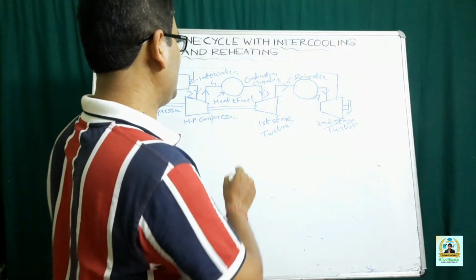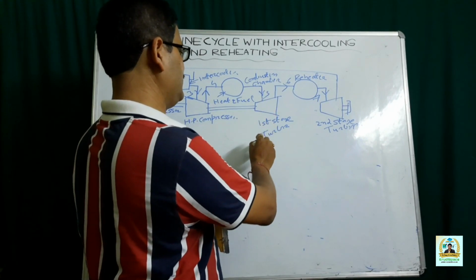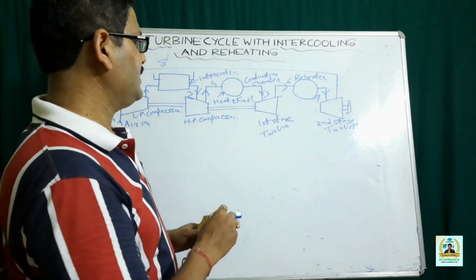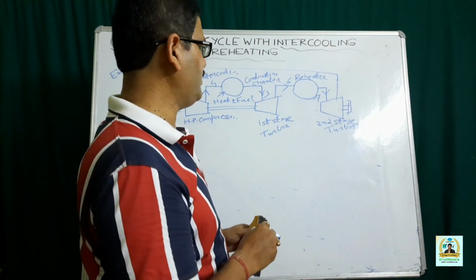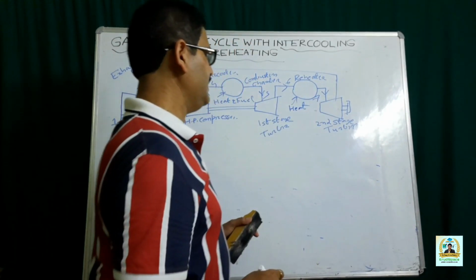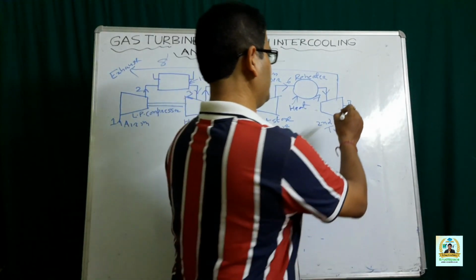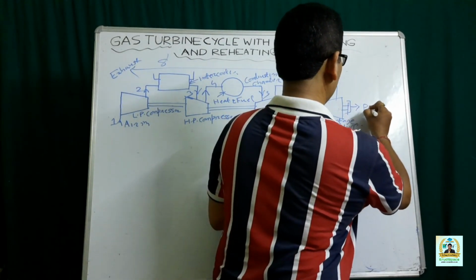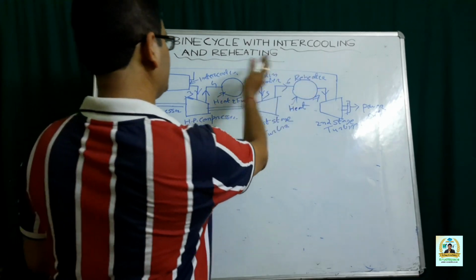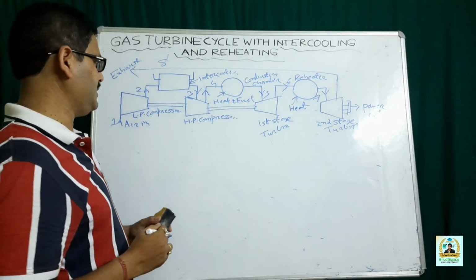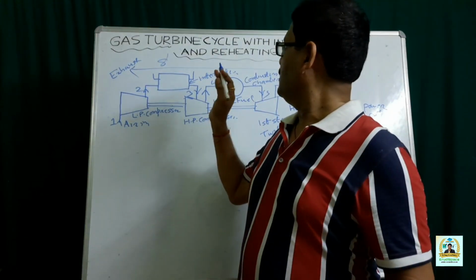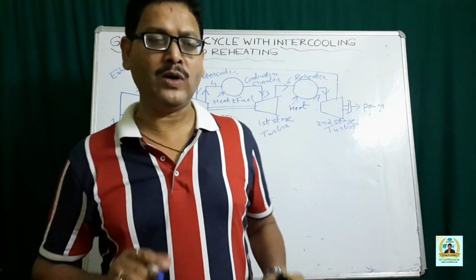After that, the high pressure, high temperature gas enters the first stage of the turbine, where it undergoes expansion, and after that it is taken to the reheater, where further heat is added, and then it is taken to the second stage of the turbine, and you get power output, and the exhaust gases are delivered to the surroundings. This is the way the gas turbine cycle with intercooling and reheating works.